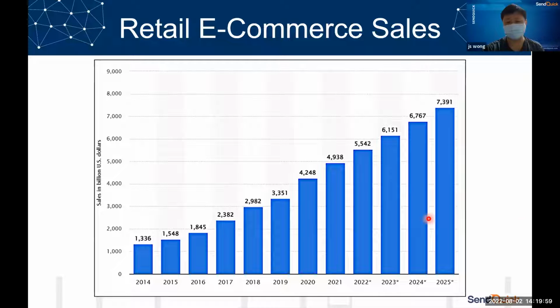The other thing that we see is the whole shift of the consumer in terms of using phone, using computer, buying things, transacting online, which is basically the new dimension for businesses. You can see that in the retail space alone, of course, there are many other examples. Retail e-commerce sales has been increasing.